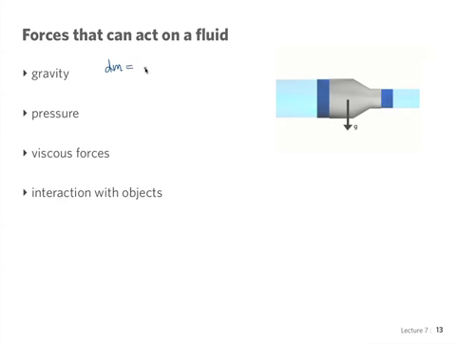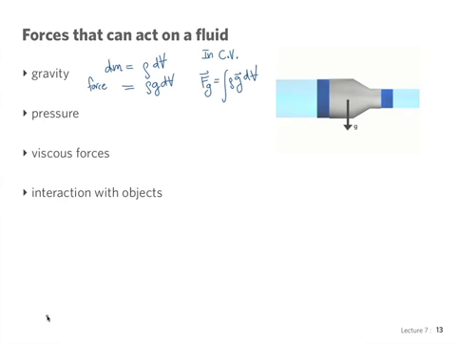A small element of mass is equal to rho times the volume, for a small fluid element, and so the force is mass times acceleration, rho g dVolume. For all the fluid in the control volume we would have the force of gravity equal to the integral of rho g dVolume.